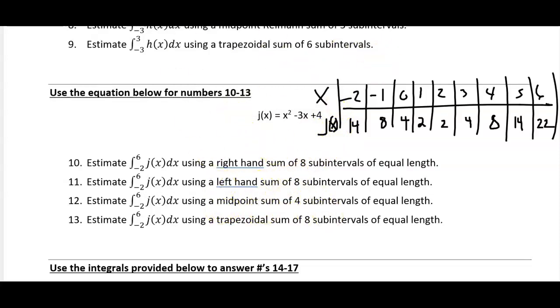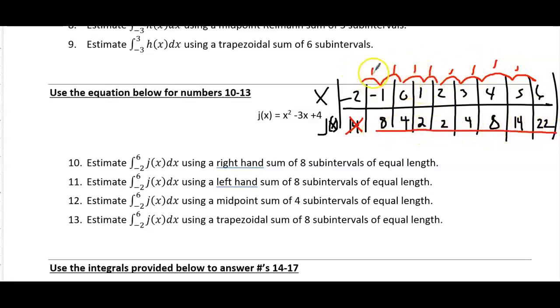Here we go, right-handed sum. So that means we're going to use all the numbers on the right except for this last number here. And all of my bases here are going to be 1s, and these are my heights.